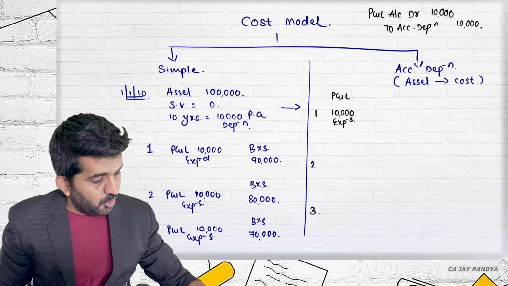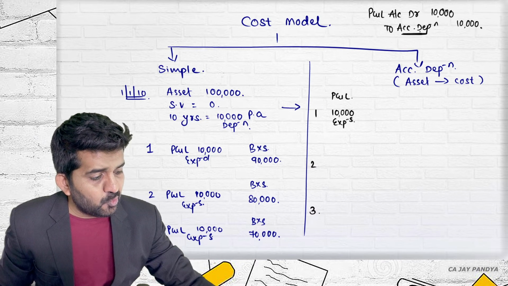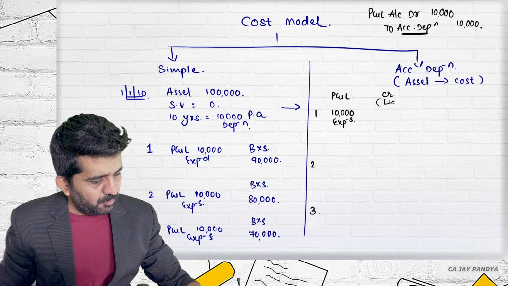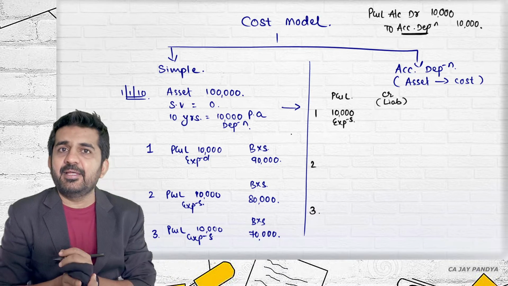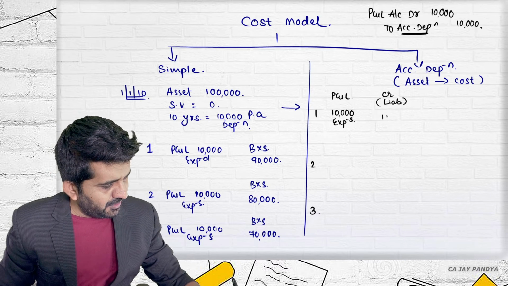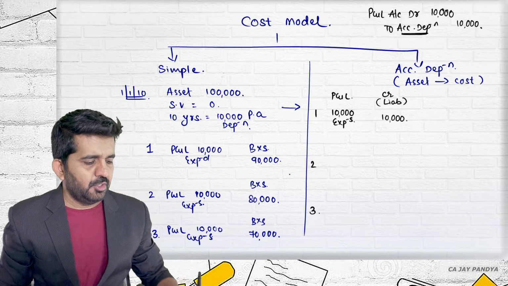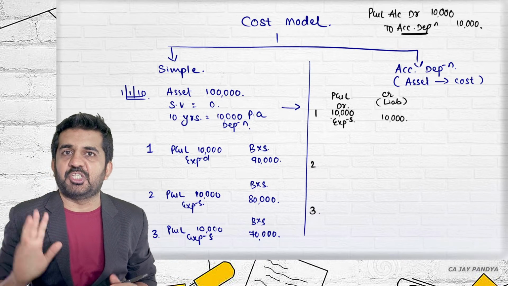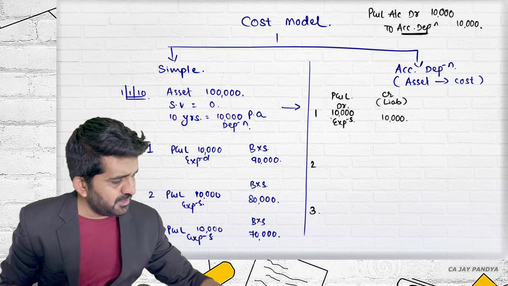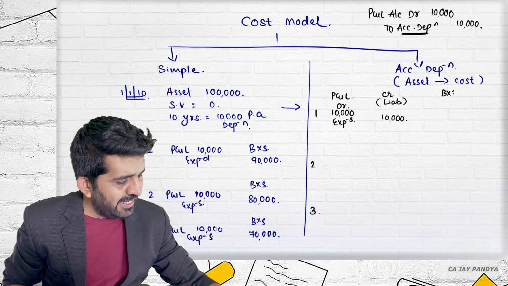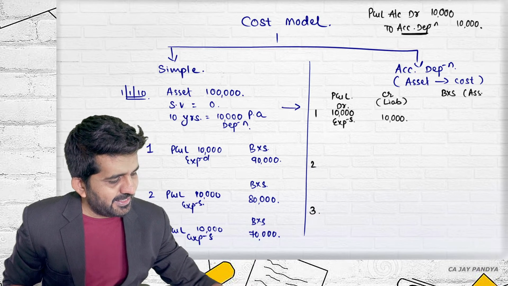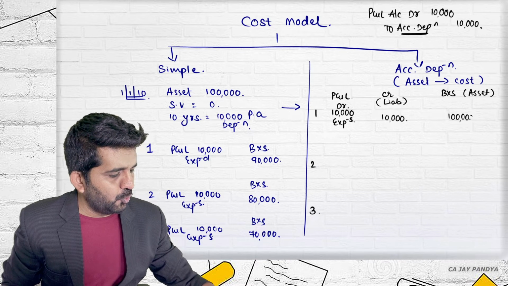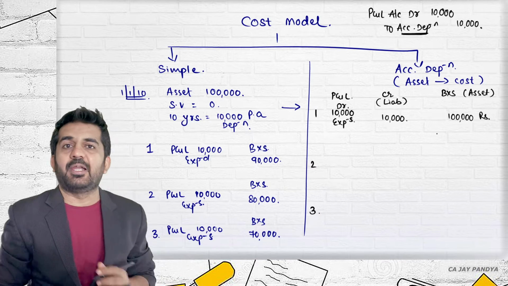So there will be a new credit balance. As it is credit, it will be shown on liability side, and the figure will be 10,000 rupees. So P&L will be debited by 10,000 rupees, accumulated depreciation will be credited by 10,000 rupees, and on the balance sheet asset side, the asset will be shown at rupees 1 lakh.